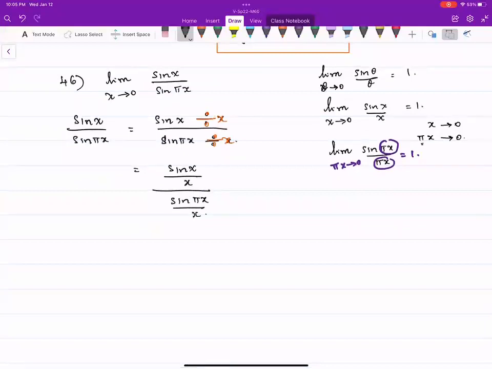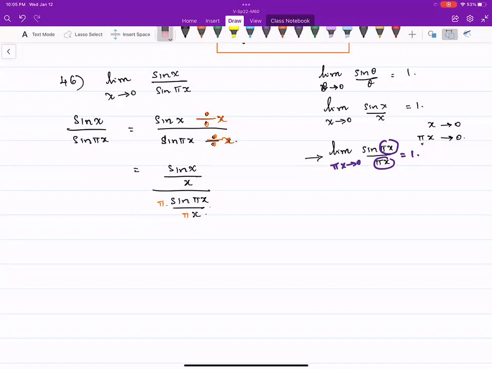The numerator poses no problem, sine x over x, but the denominator, sine pi x over pi x, when pi x approaches 0 will become 1. So we need that pi x in the denominator.